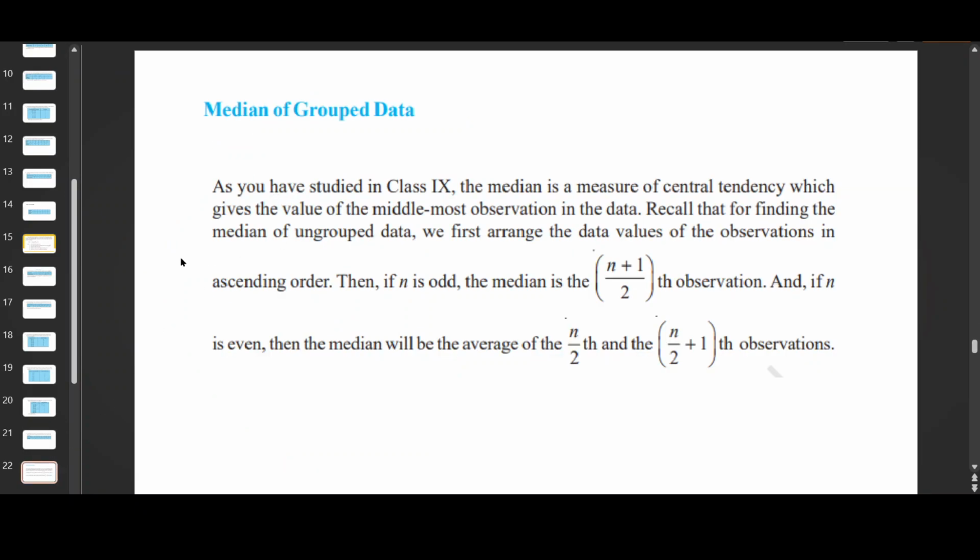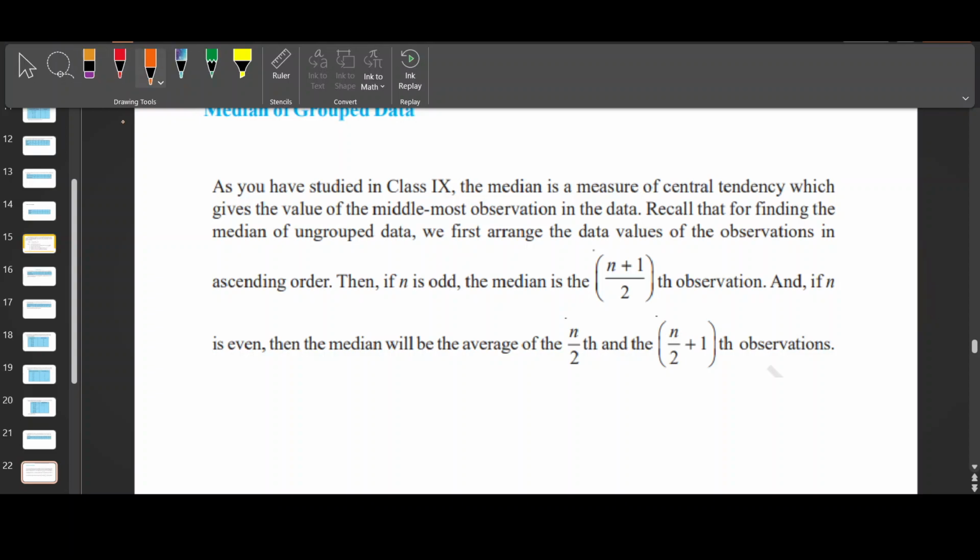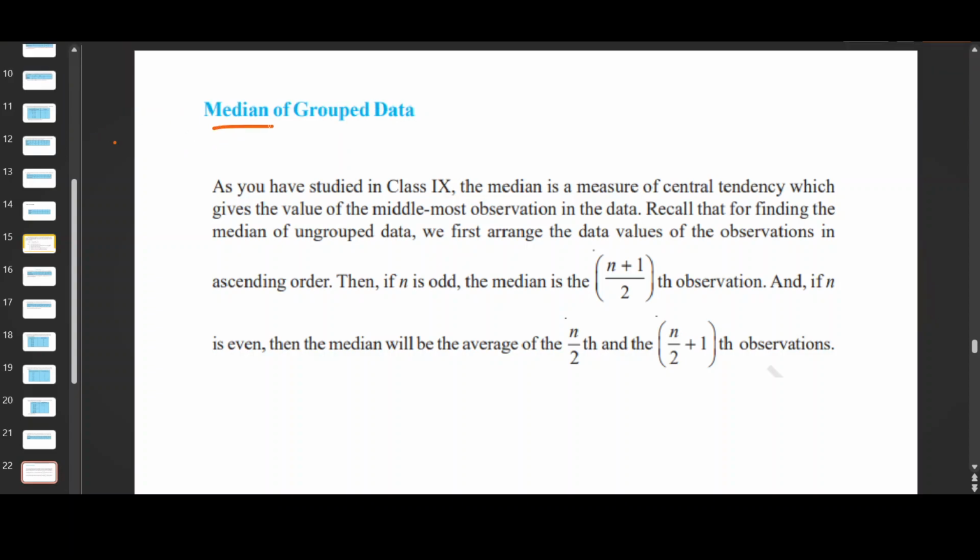Now, what is the median? First point, what is the median? What do you understand? In class 9th we have covered this chapter, median. When we get an even number, suppose that this is 100, then 100 by 2, find the value of the 100 by 2th term and the 100 by 2th plus 1th term.